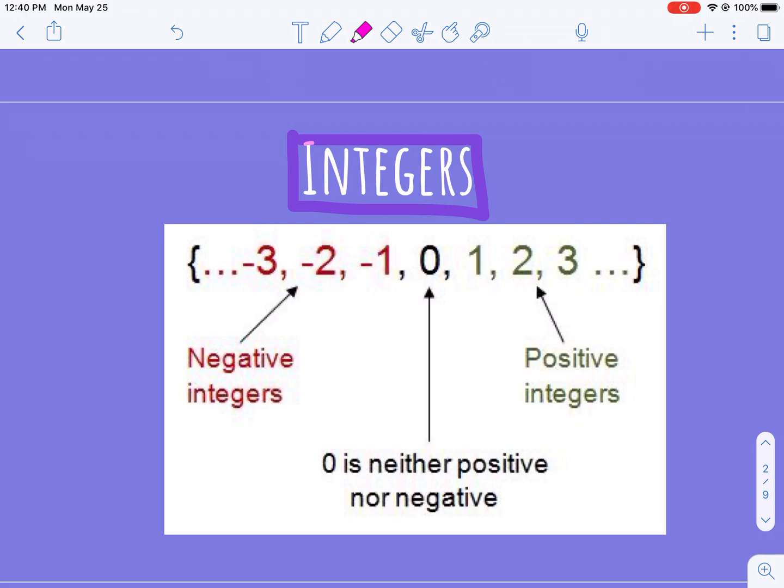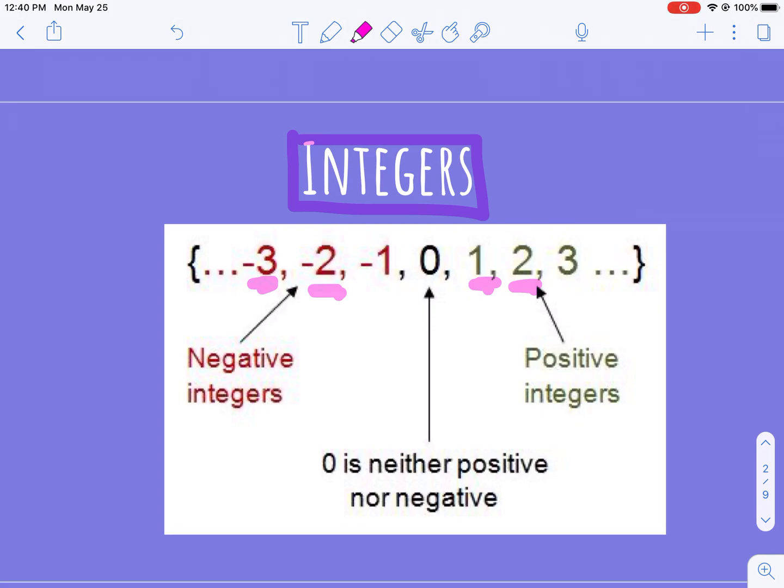Just like 1 is less than 2, -3 is less than -2. What I always think is the colder you are, the smaller the worth of a number, okay? So if it's 3 degrees below 0, that's colder than 2 degrees below 0. Another way that you can think of negative numbers is owing money.